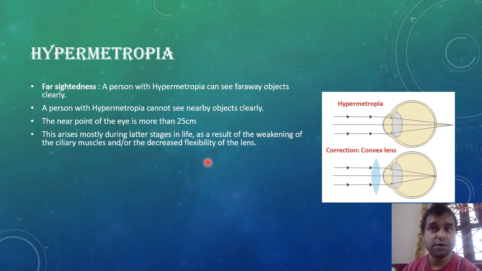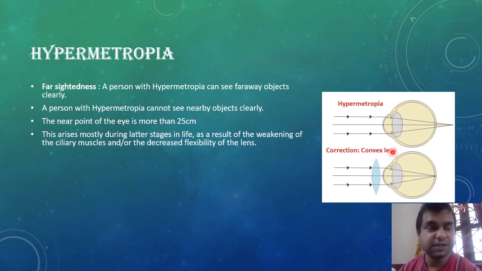Hyper means more. So the focal length is vastly increased in this case, and the image is being formed beyond the retina. Once again, hypermetropia is also a vision problem that happens over a period of time as you grow older, as a result of weakening of the ciliary muscles.